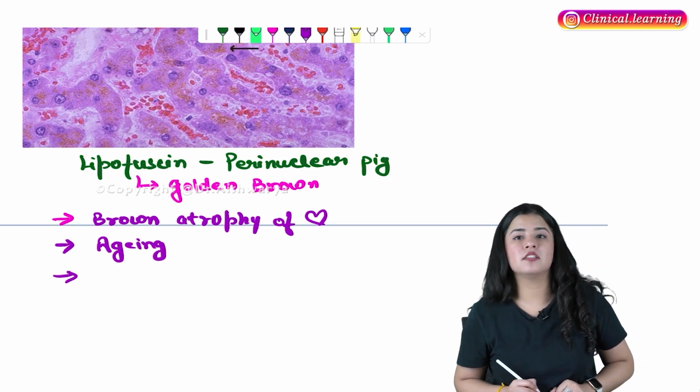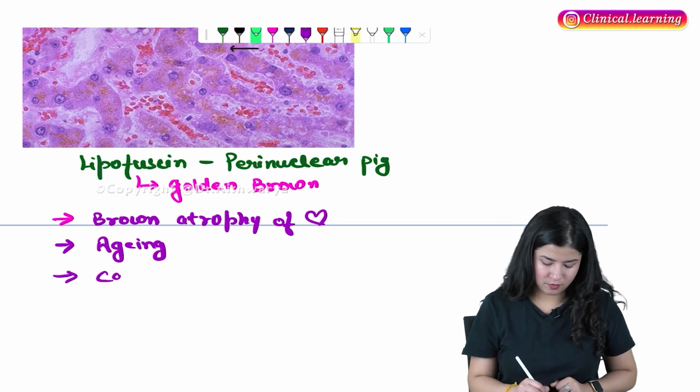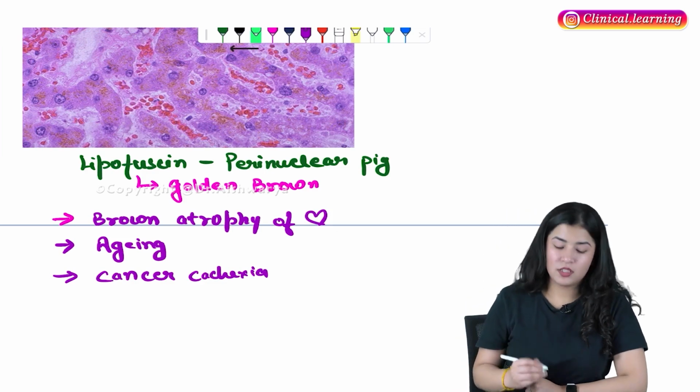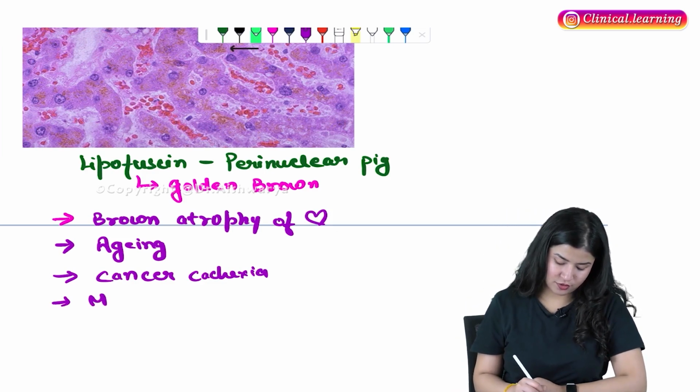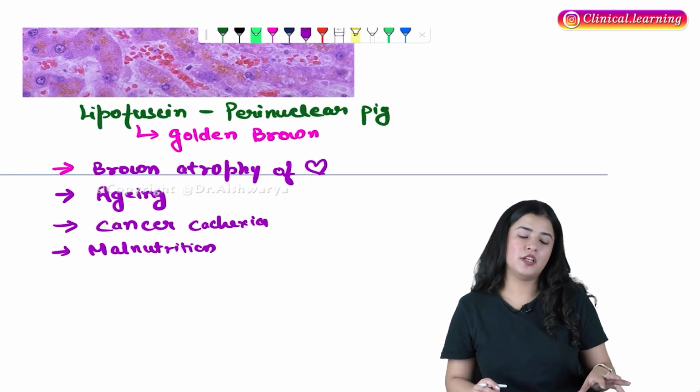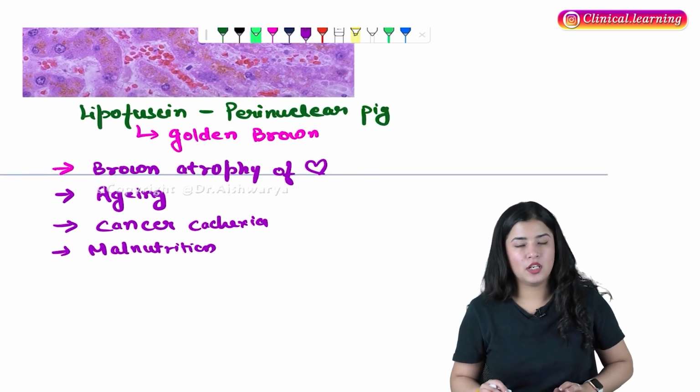Then the third is cancer cachexia. In case of cancer cachexia, it is present. Okay. Other is malnutrition. So these are some situations where you can find lipofuscin pigment deposition.